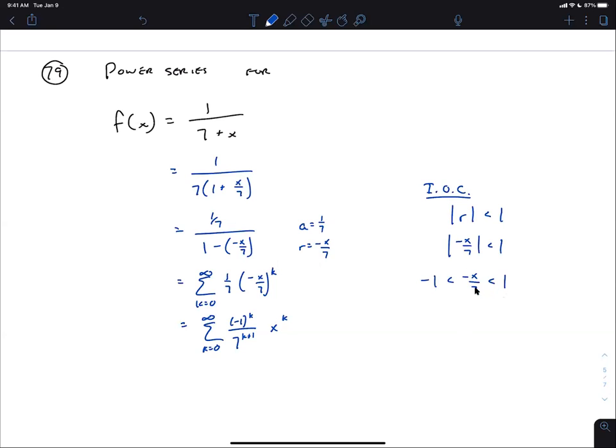Now we want to get x by itself, so we multiply by negative 7. That gets us positive 7 is bigger than x is bigger than negative 7, which means the interval of convergence is negative 7 to 7. And you do not include the endpoints. You don't need to test them for the geometric ones, and they're definitely not included. If you did test them, they would both diverge. All right, any questions on that?